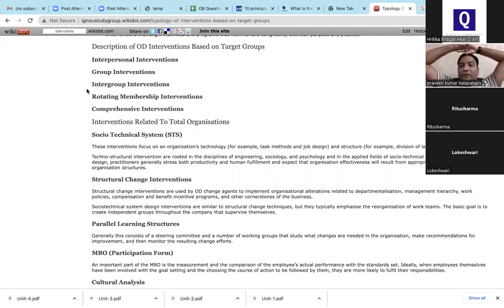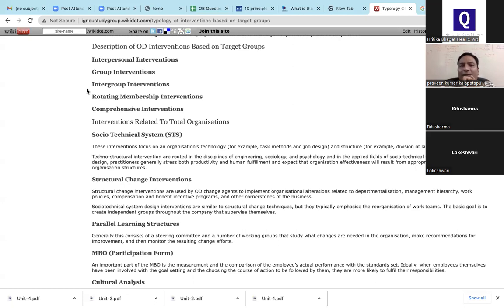And if you are targeting a rotating membership intervention, here you are talking about members who are not permanent, they assume responsibilities. It is still an intergroup, but here we are talking about groups which are rivals to each other.